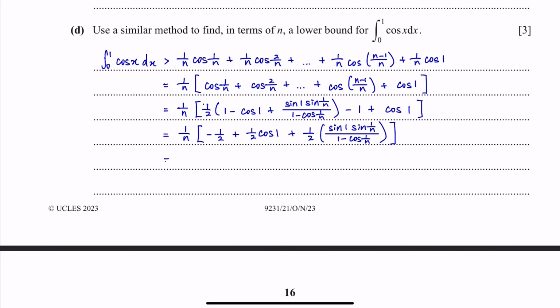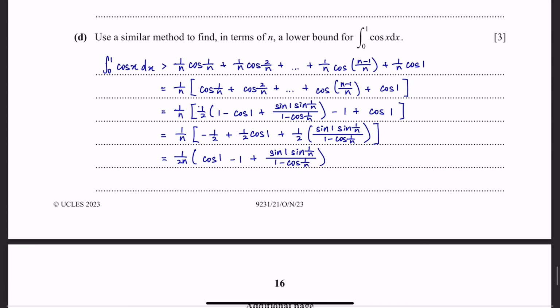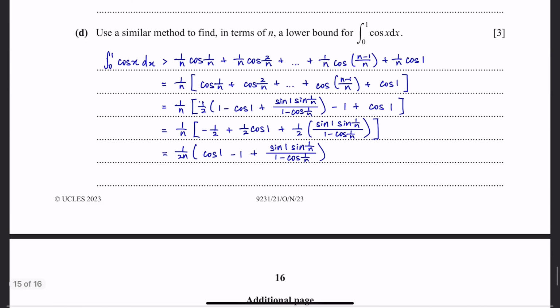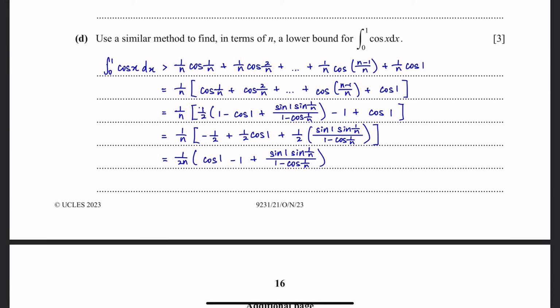So this would be 1 over 2n times cos 1 minus 1 plus sine 1 over n over 1 minus cos 1 over n. And we are done. And this will be the last question for the paper.